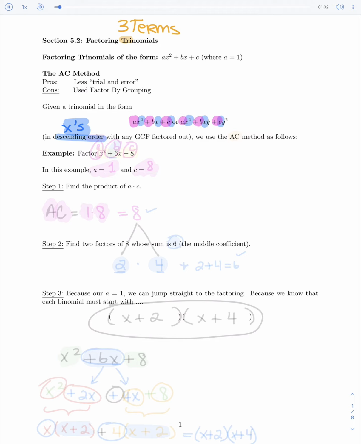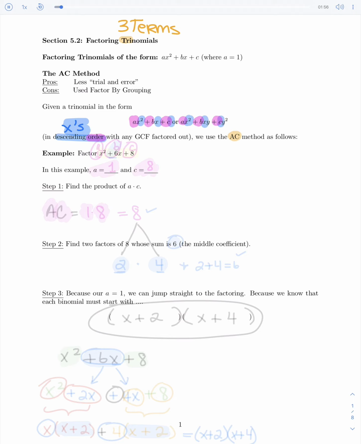So we'll have these a, b, and c's that we can determine, but it must be put in order first before you can figure out what your a, b, and c are. So this is going to be called the AC method. And that means we're going to be worried about the A, the first value, and the C, the last value, first before we do anything.